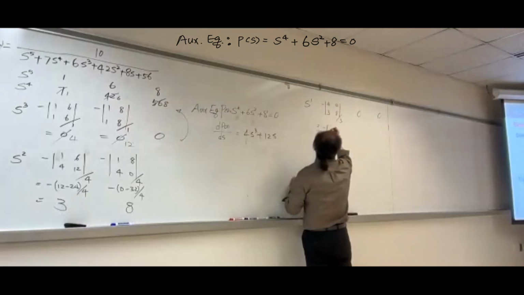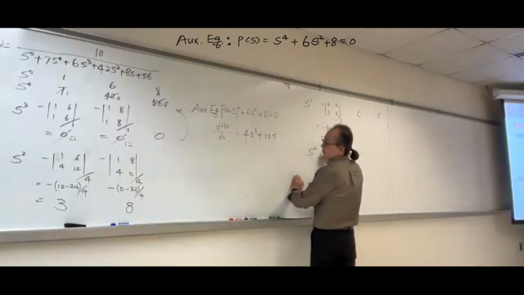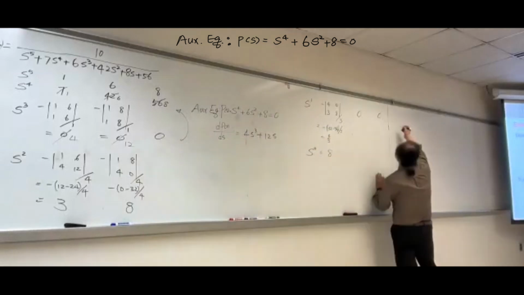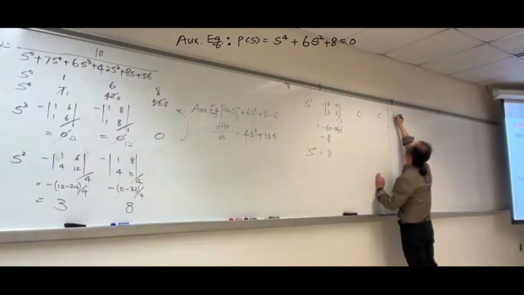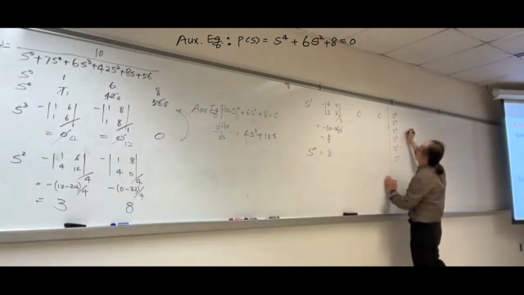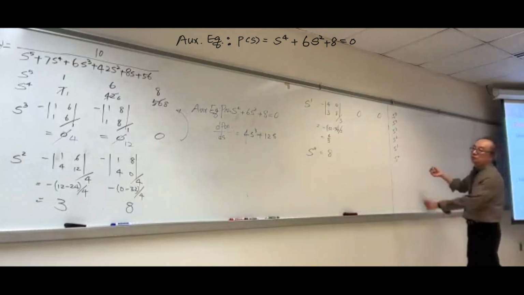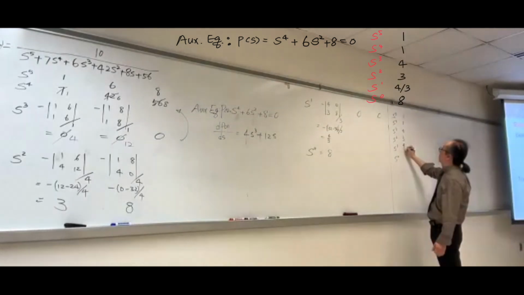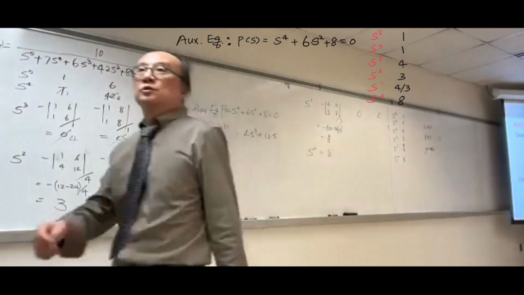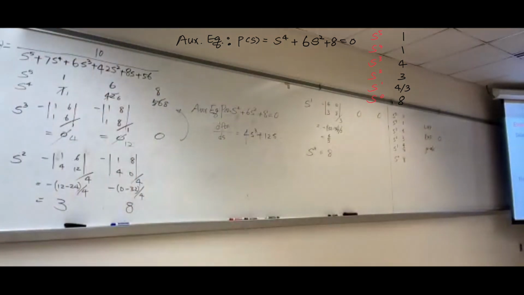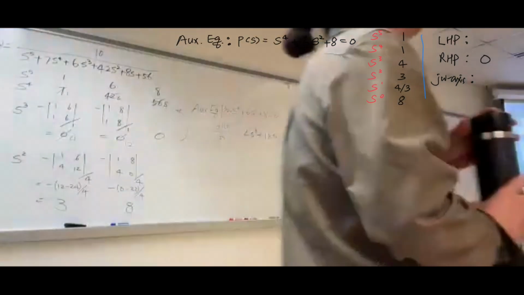That is negative. There's a negative to positive, right? And s to the 0 is going to be 8. So now s5, s4, s3, s2, s1: it's 0, 1, 1, 4, 3, 4 over 3, and 8. There are no sign changes in the first column. Therefore, there are no right half plane poles.